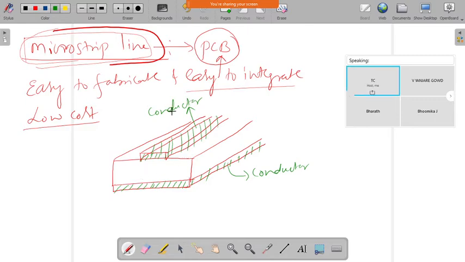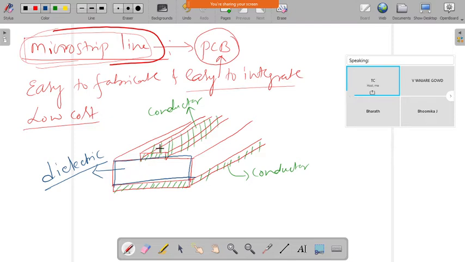These two conductors are separated by a dielectric, the portion shown in blue. Between these two green conductors there will be a dielectric. This is the structure of the microstrip line.